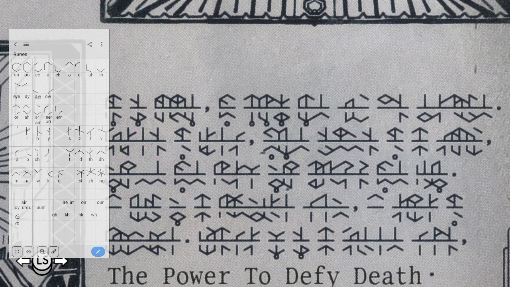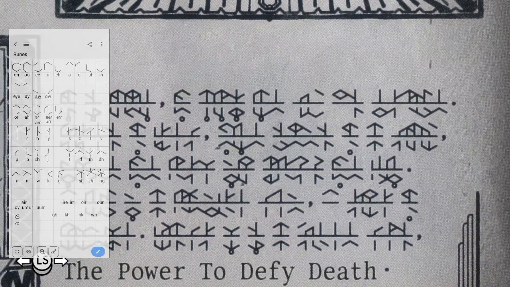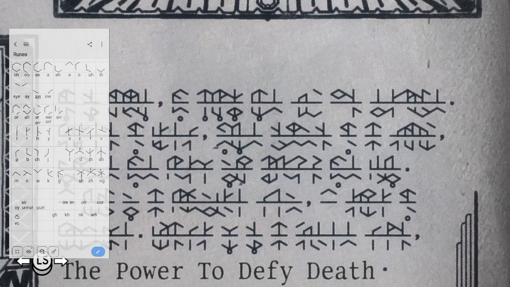Fossils of cell. That's a strange phrase. Annealed.